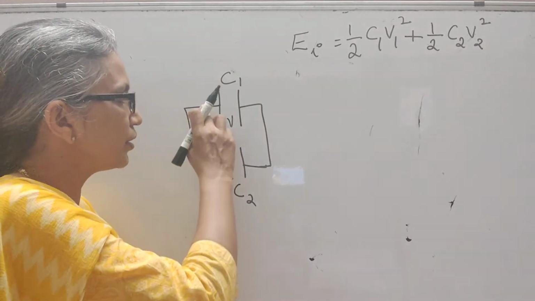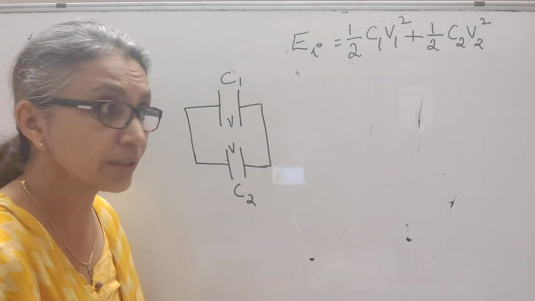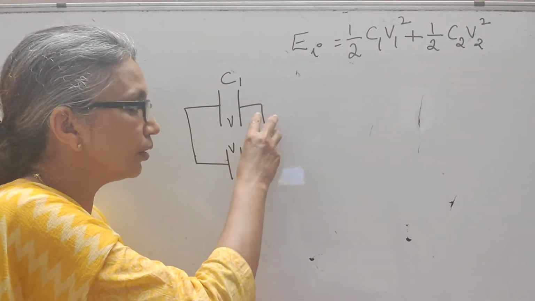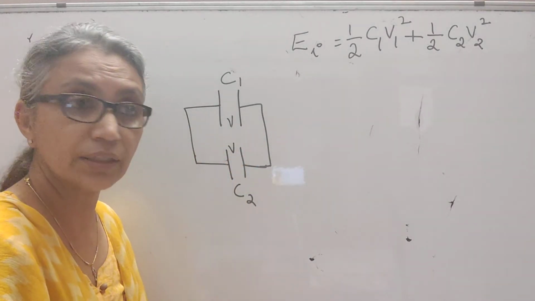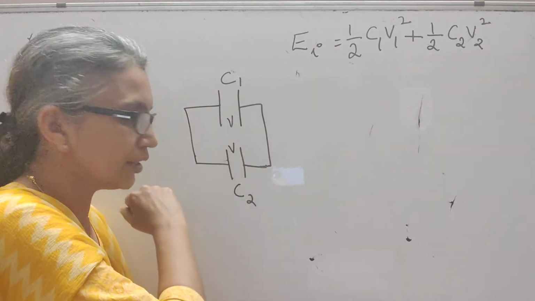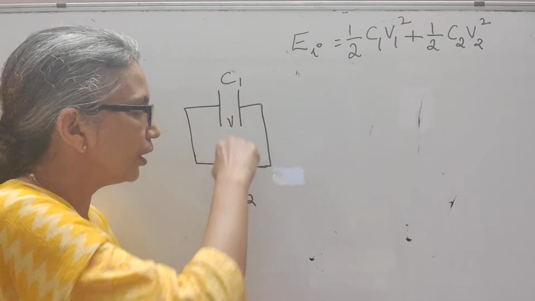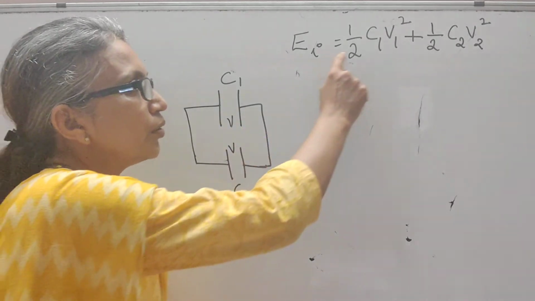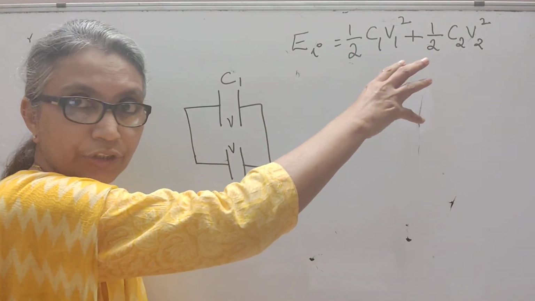Now as these charges flow, there will be some current flowing through the wires. The wires will get heated up and heat energy is being lost. When heat energy is being lost, that means the total energy of the combination will be lesser than what we had initially as the total energy.